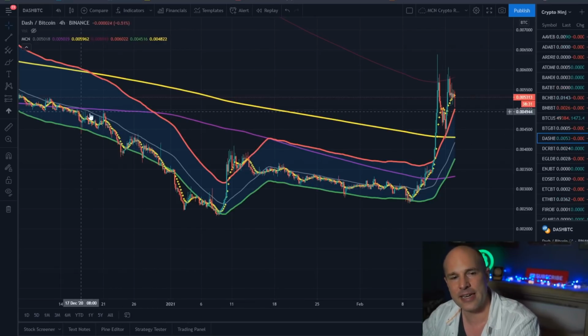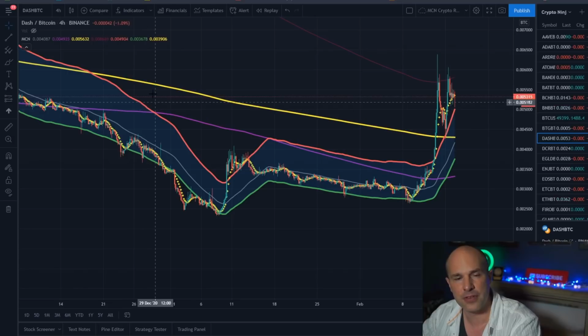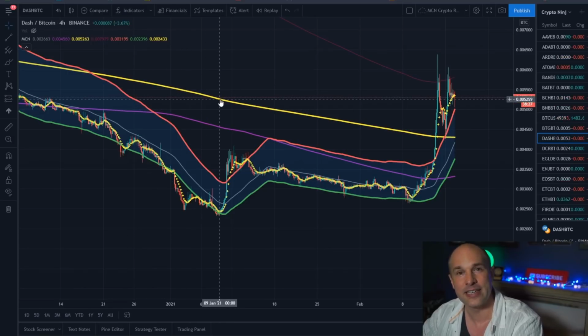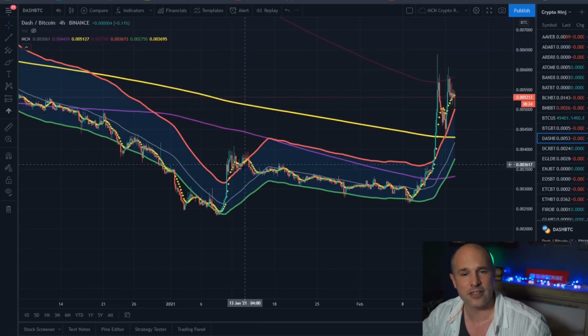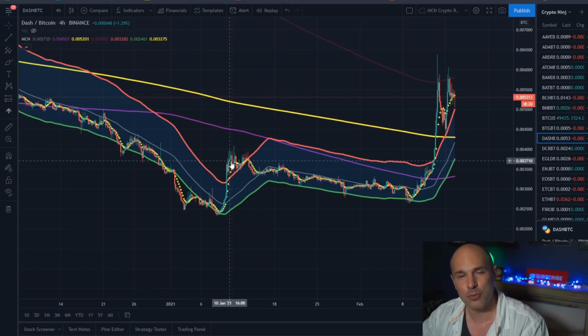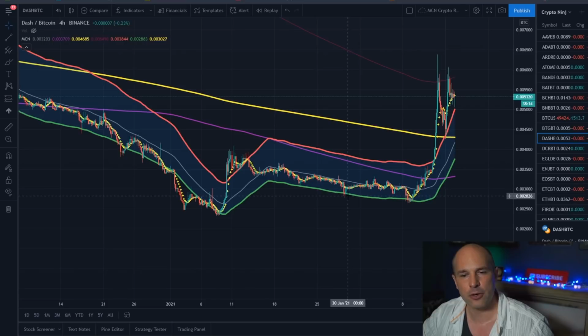So as I'm saying, as the 7-day is under the 50 and is again under the 20, it's a very bearish market. So if you are going to sell, you don't really want to sell too much because there's still a lot of upside in there. So maybe take a little profit, and then that gives you an opportunity to buy back in as it comes down here.